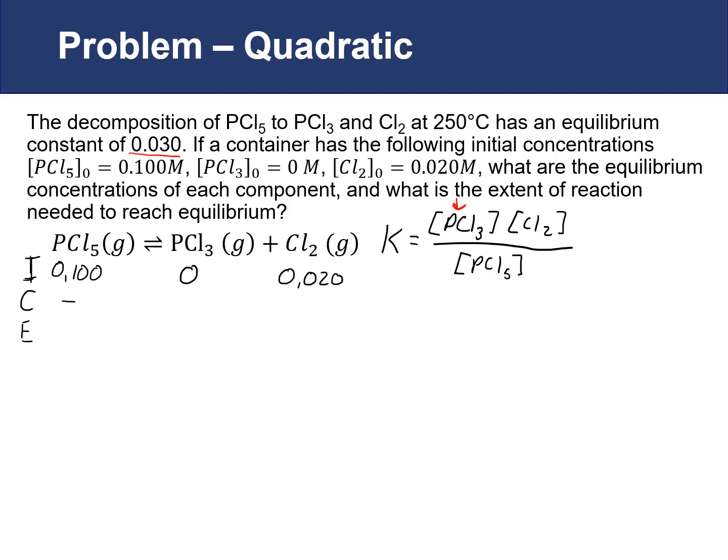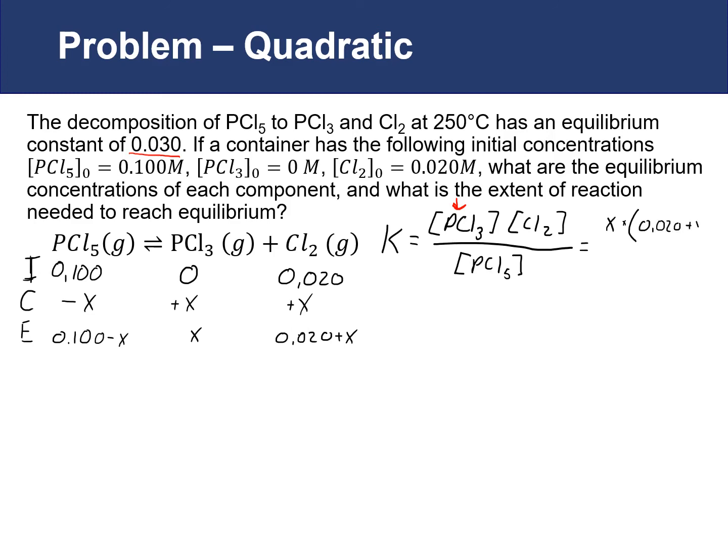So the PCl5 will go down by some value x, PCl3 will go up by some value x, and the Cl2 will go up by some value x. So at equilibrium, we'll have 0.100 minus x. This will be x. And here we'll have 0.020 plus x.